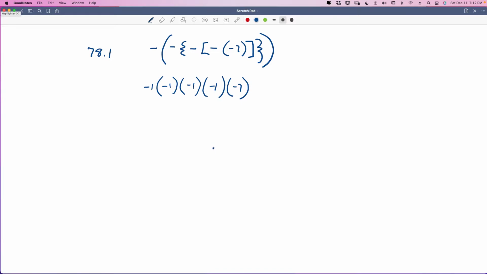Now, when we think about opposites, when we think about left and right on the number line, we go backwards and forwards. If we go to the left one space, and then we go back another one space, so the opposite direction, we go this way the first time, the next time we go this way.